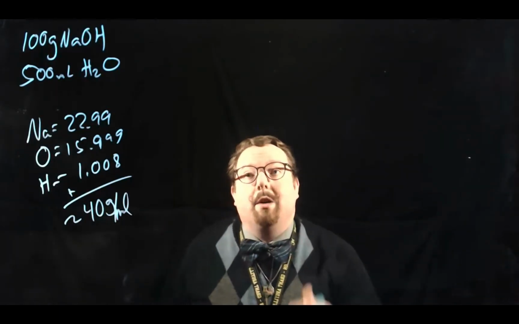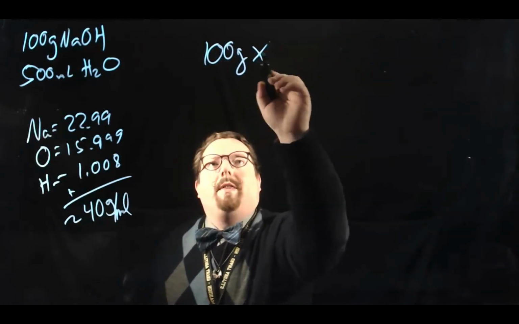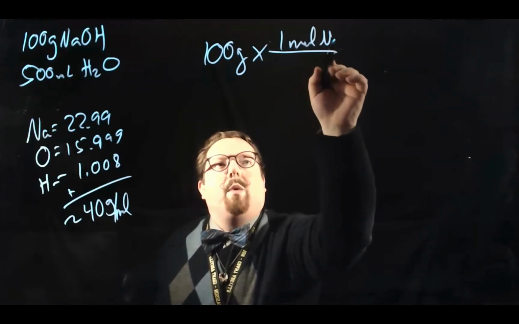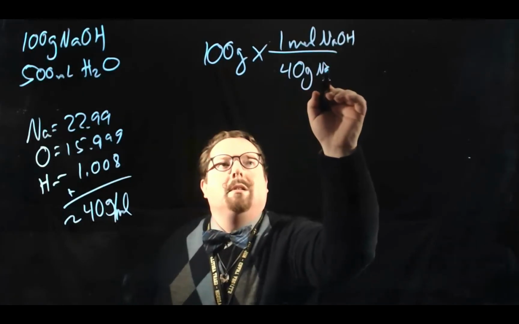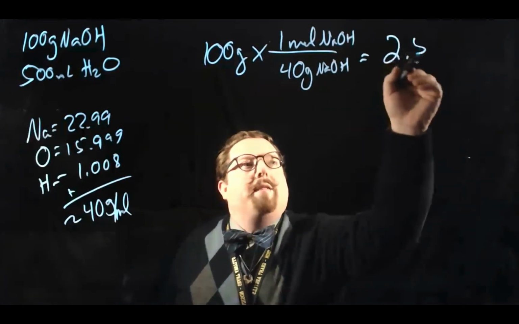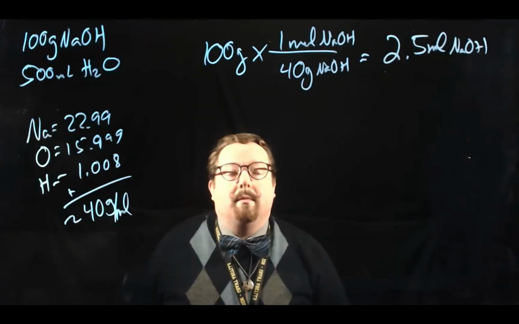Next step, take your 100 grams and convert that to moles. Every 1 mole of NaOH is about 40 grams. And if we do that, we get that we have 2.5 moles of NaOH. That's the number of moles of our solute.